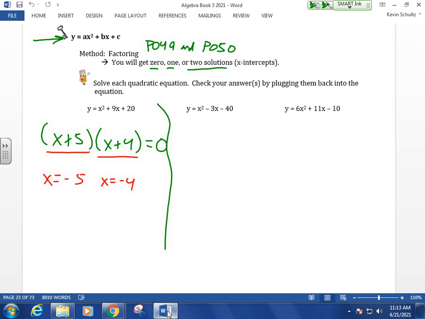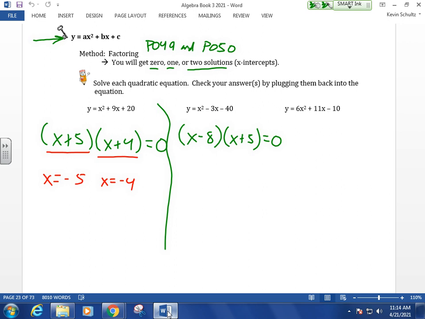Emily? 8 and 5. Which one's got the negative? Which one's got the positive? 8's got the negative. So x minus 8 and x plus 5 is how you'd factor that. Negative 8 plus 5 is negative 3. Negative 8 times 5 is negative 40.